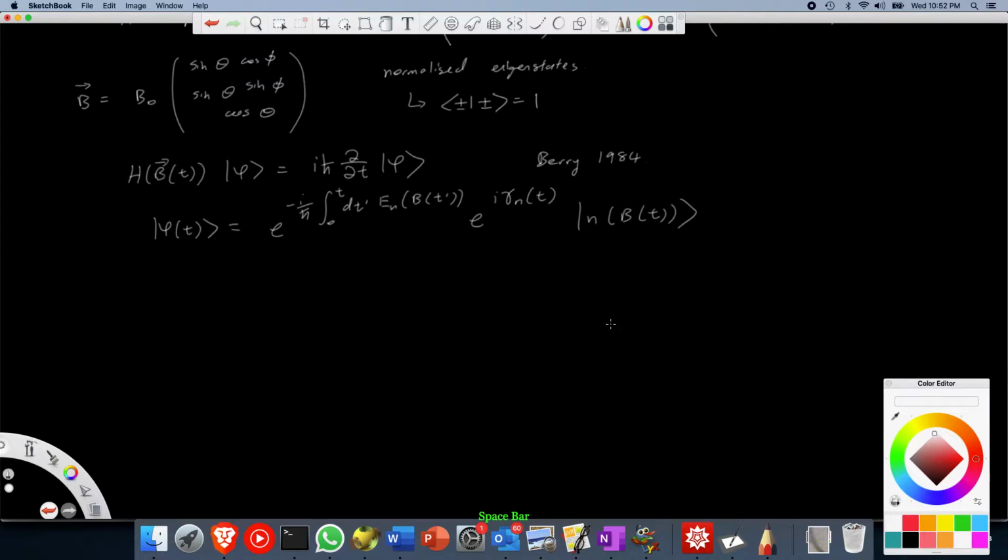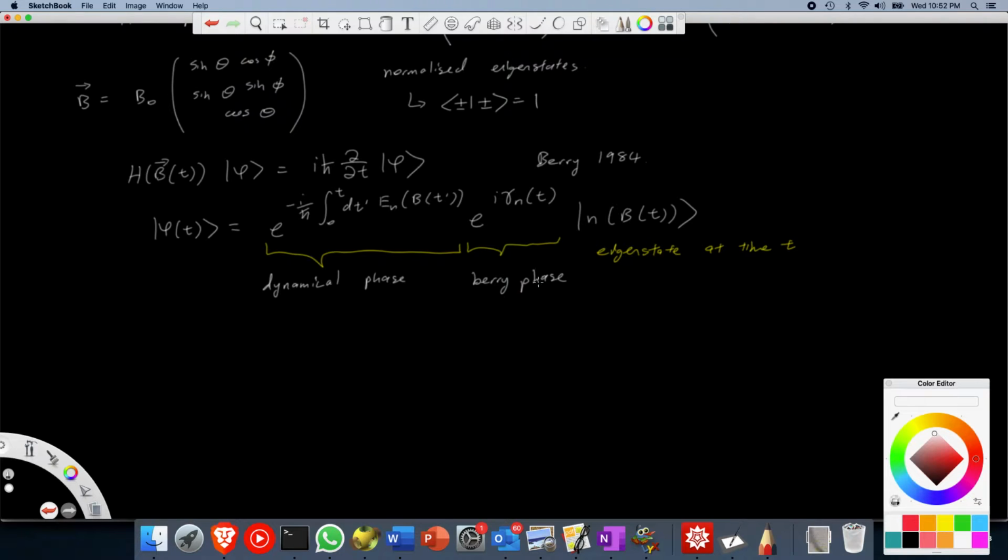With this result, let's investigate the following terms. We have this term over here, and this term over here, and this is just the eigenstate at time t. The first term here is called the dynamical phase vector, and the second term over here is the Berry phase vector.